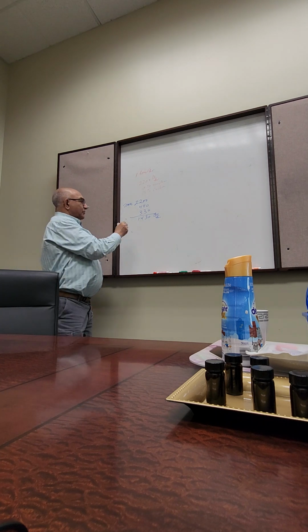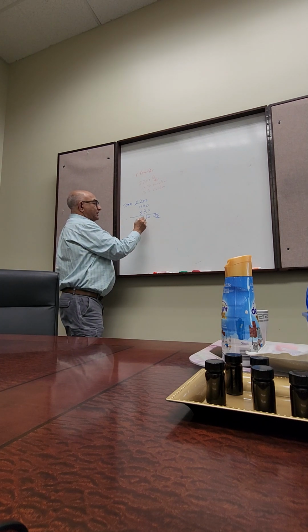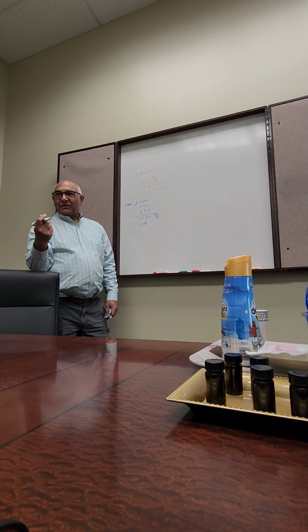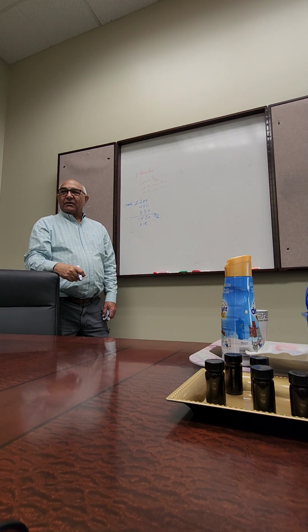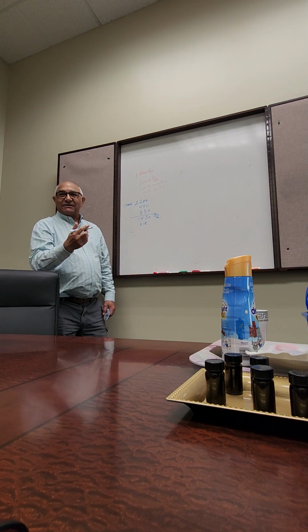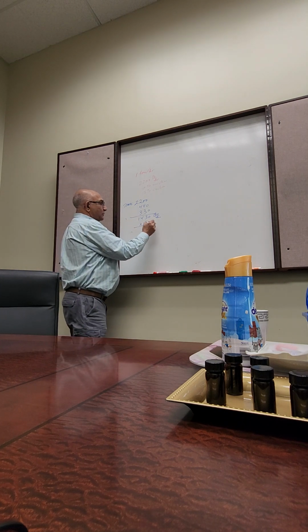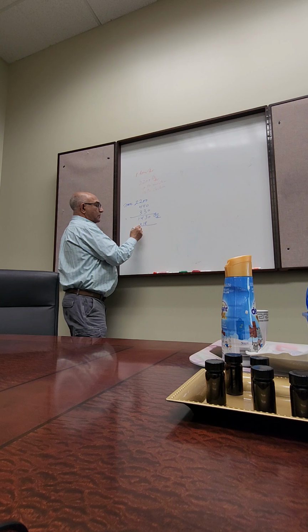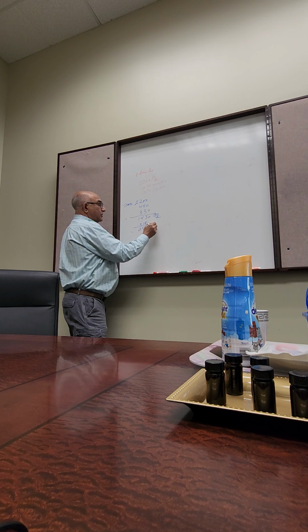Okay? So if I multiply that by 18, every pound of gas will turn into 18 cubic foot of gas, each pound. So multiply that by 18, please. 25,740 cubic foot, right?